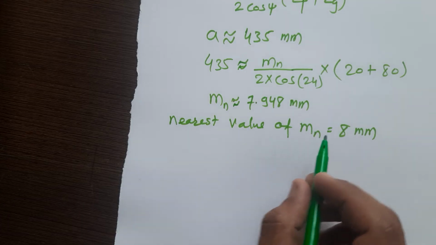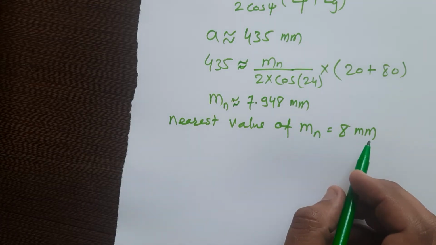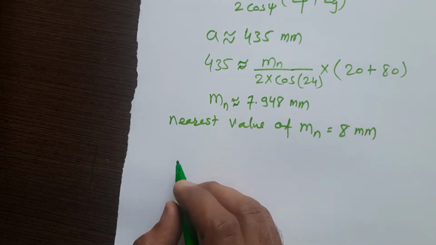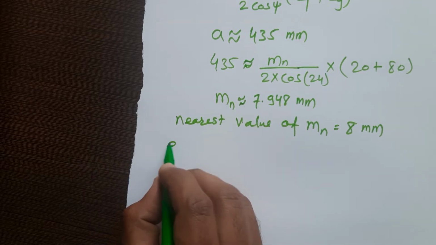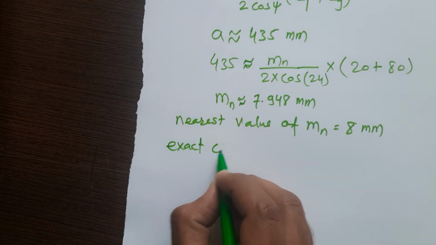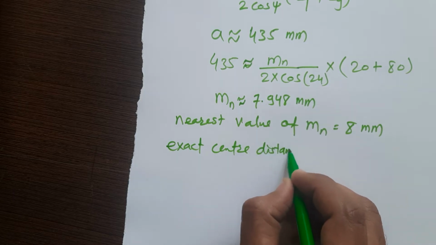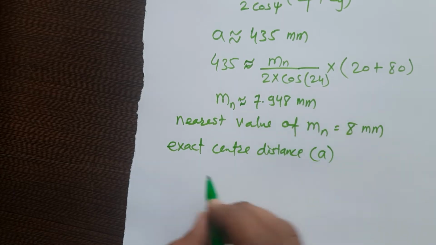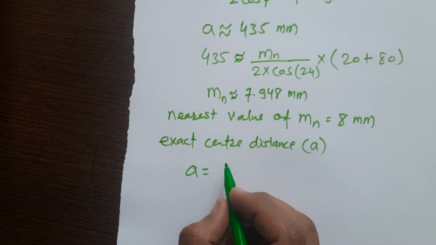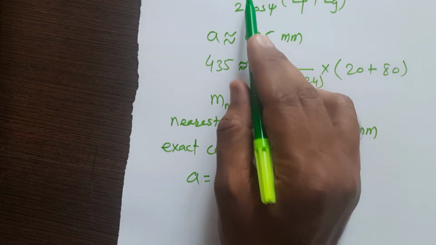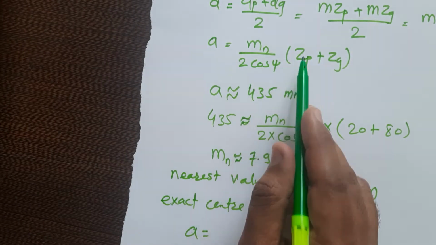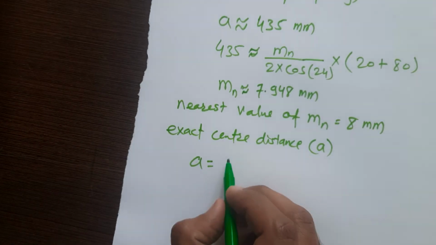After getting the normal module Mn as 8 mm, we'll calculate the exact center distance. Exact center distance, small a, is equal to, now same formula we will use here, Mn divided by 2 cos psi into (Zp plus Zg).